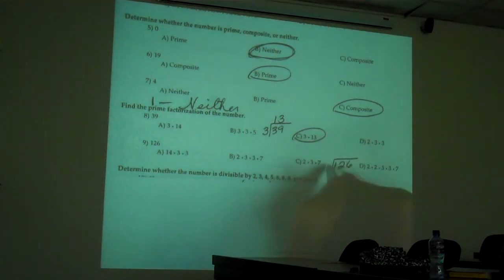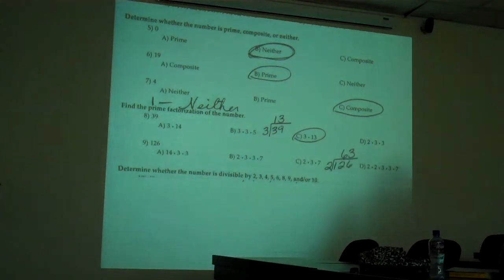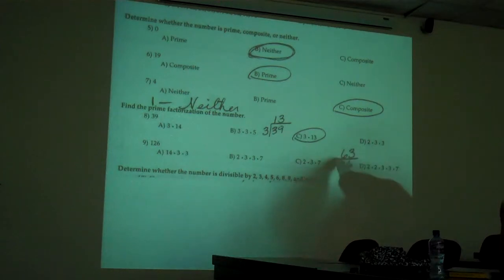If you divide that by 2, you get 63. Well, that won't divide by 2. How about 3? You divide it by 3? Yes. You could do 7 and 9. Yeah, you could do 7, but don't put a 9 out here. You could put 3 and do 21.